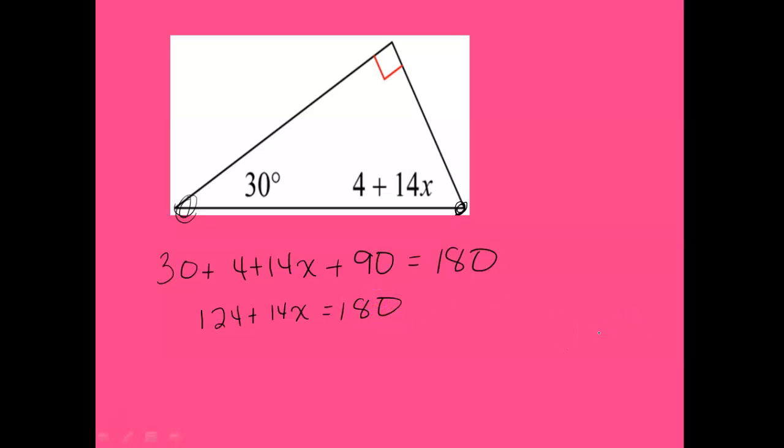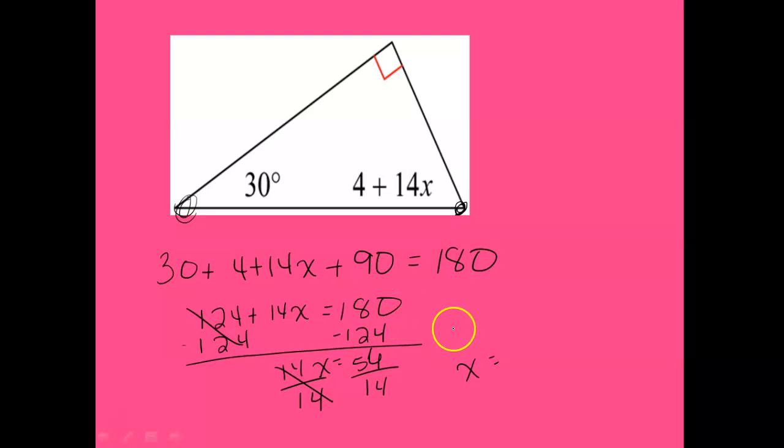We can't get away from the algebra. You have to know how to solve for x. If you need any help with that, please contact me. So we have 180 minus 124, that's 56. So I have 14x equals 56. And when I divide both sides by 14 to get x by itself, x equals 4.